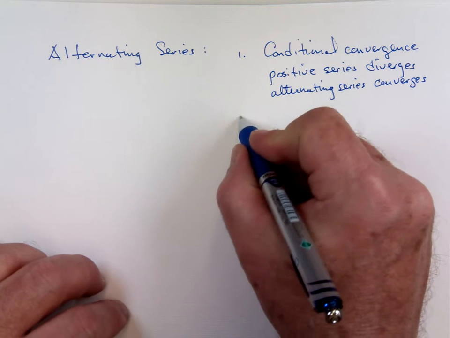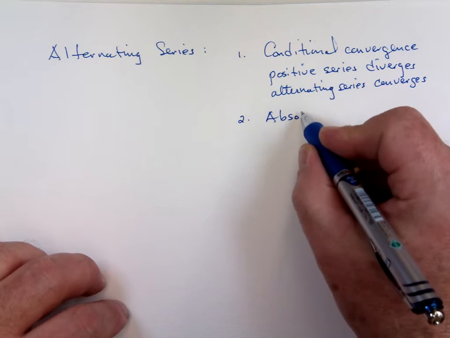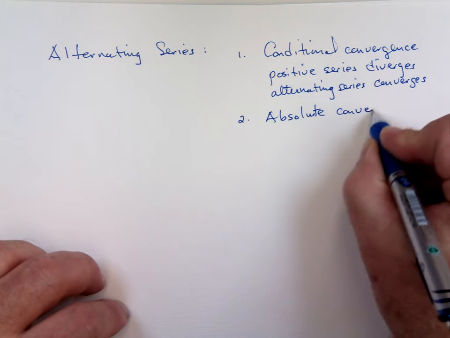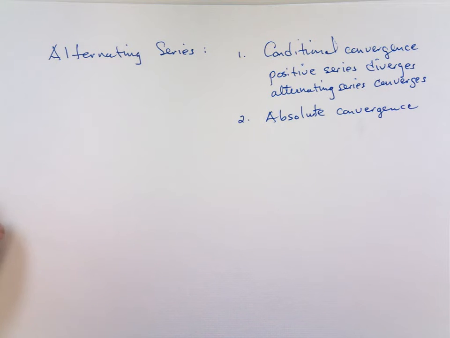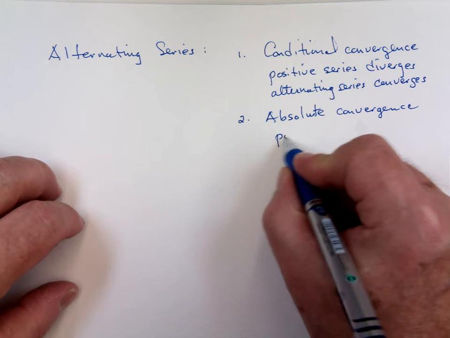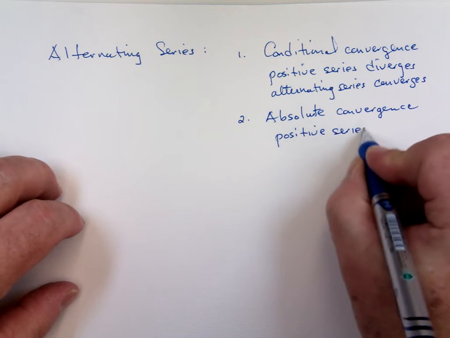Okay. What else can happen? You get absolute convergence, or converges absolutely. What happens here? This is when the positive series converges.